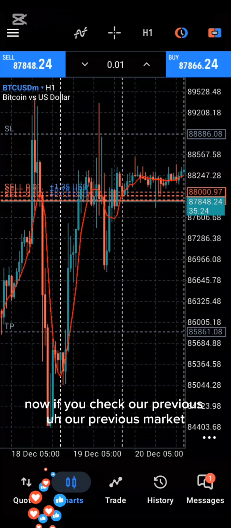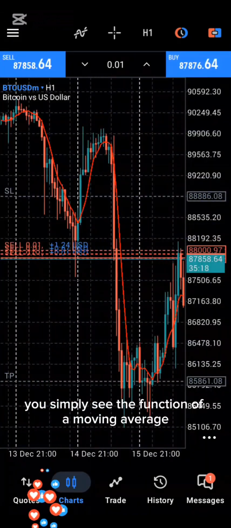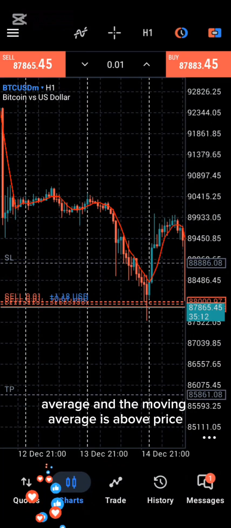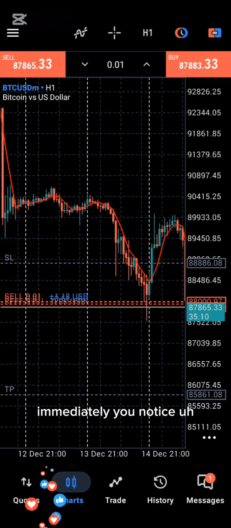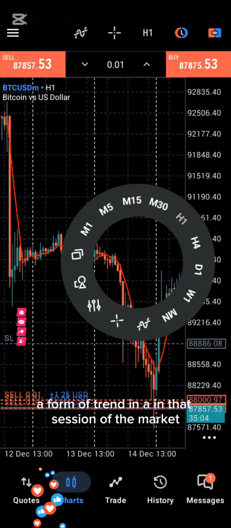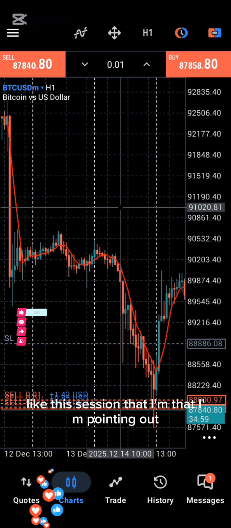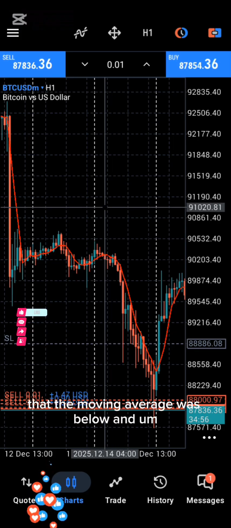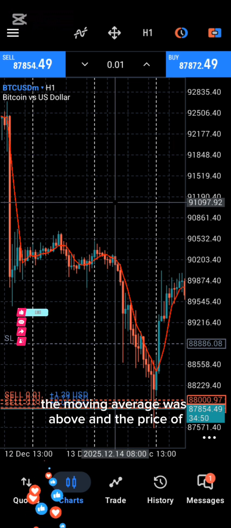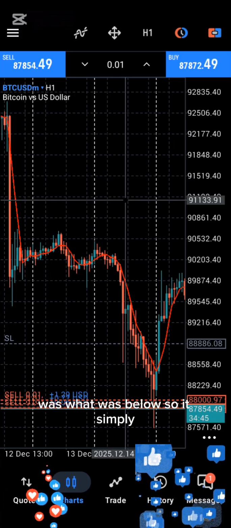Now if you check our previous market, you simply see the function of a moving average. Now the price is below the moving average and the moving average is above price, and immediately you notice a form of trend in that session of the market. Like this session that I'm pointing out, you can see by yourself that the moving average was above and the price of this asset we are trading was below.